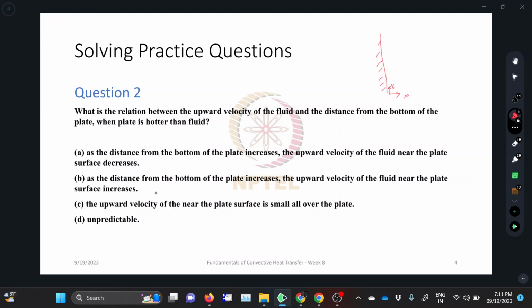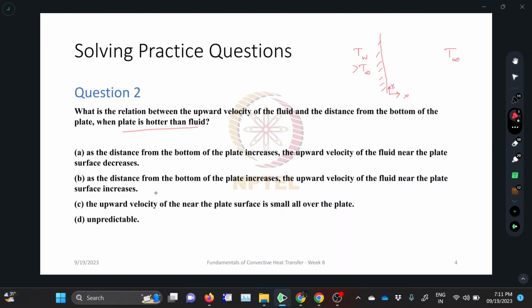Another thing is that the plate is hotter than the fluid. So I have the fluid at some T infinity and the plate at some T wall, Tw, which is greater than T infinity.